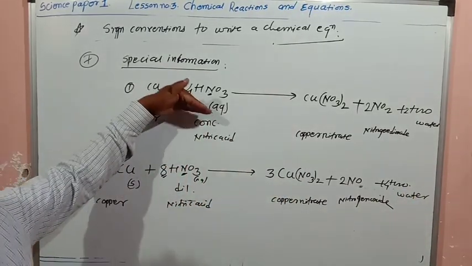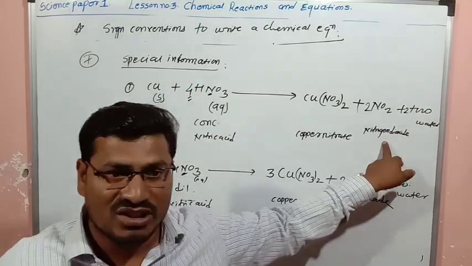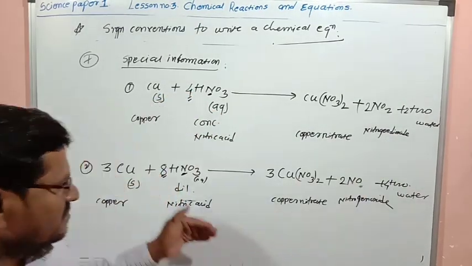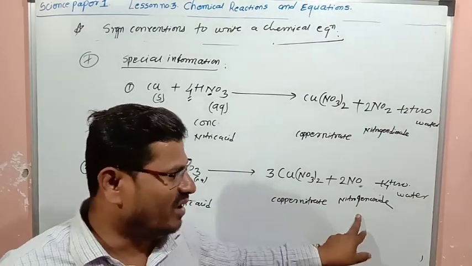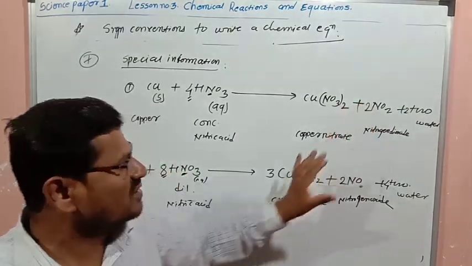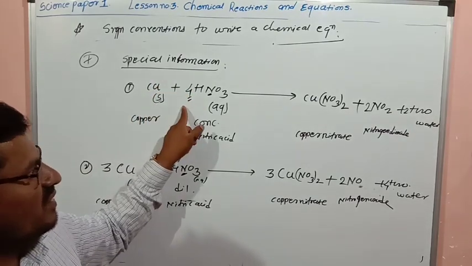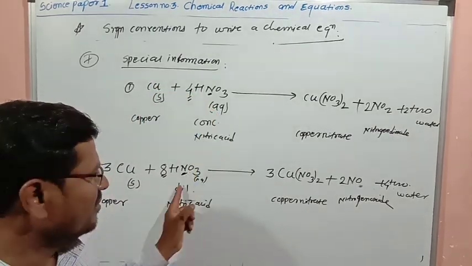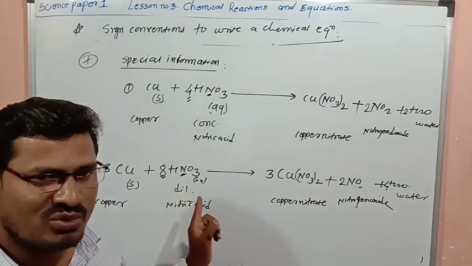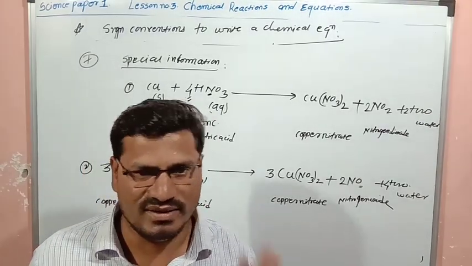If you are taking concentrated acid, nitrogen dioxide is formed. If you are taking dilute, nitrogen oxide is formed, so only the product changes. And if concentrated is taken, then fewer nitric acid molecules are necessary. If you are taking dilute, then more nitric acid molecules are necessary.